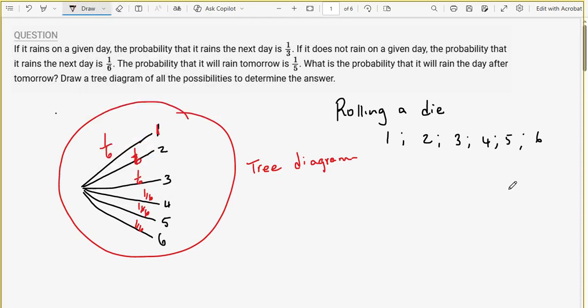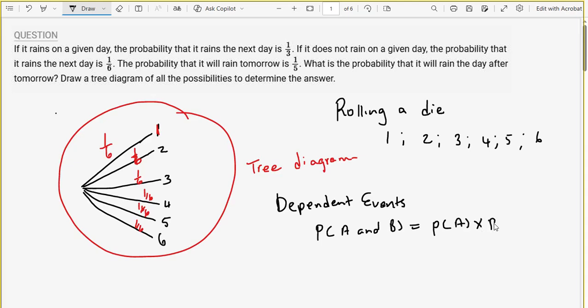For dependent events, we say the probability of the intersection of A and B is equal to the probability of A multiplied by the probability of B. This is what we're going to apply in this lesson. You will see as we move.